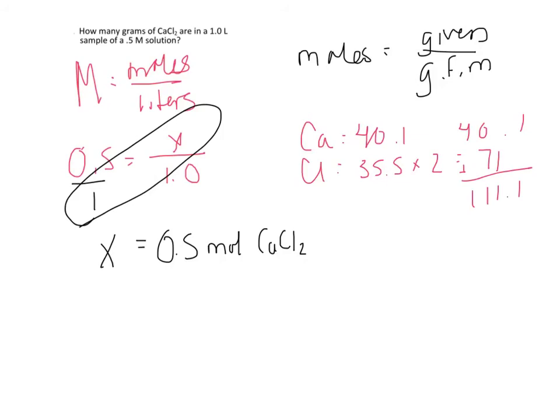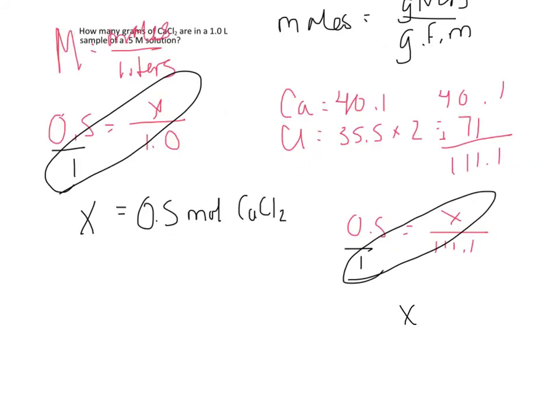So we know that we have a half a mole. We're looking for the grams. We have a gram formula mass of 111.1. Again, we can solve via cross multiplication. So our final answer is 55.6.